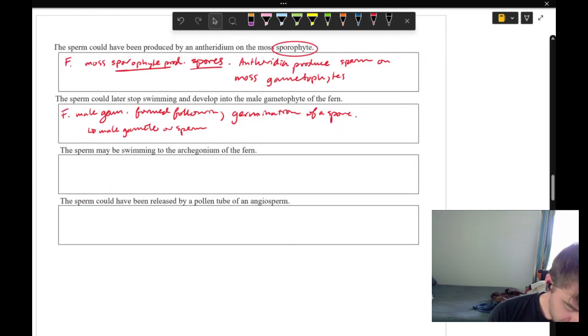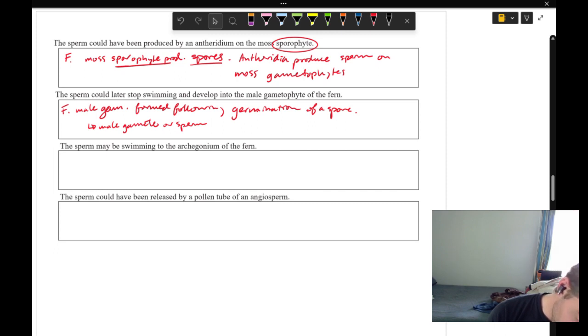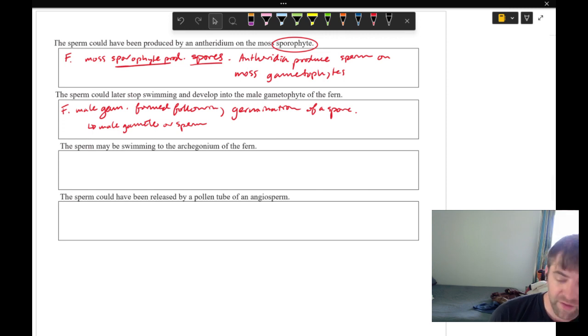Okay. True or false? The sperm may be swimming to the archegonium of the fern. This one could be true.